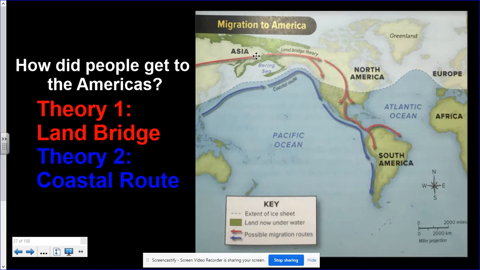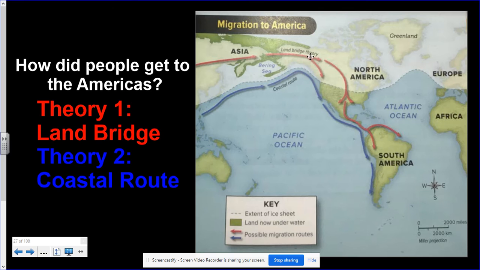They kind of unknowingly just kept walking with these herds of animals, and they crossed over what is known as the land bridge. Okay, some of y'all already know this theory, but obviously, since the glaciers and the land were different back then, they were more solid. So these early humans just unknowingly walked over the land bridge, which would now be like northern Pacific Ocean, like way up here, the Bering Sea, places like that.